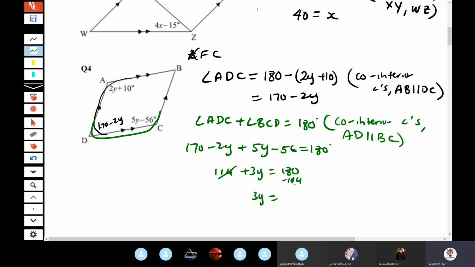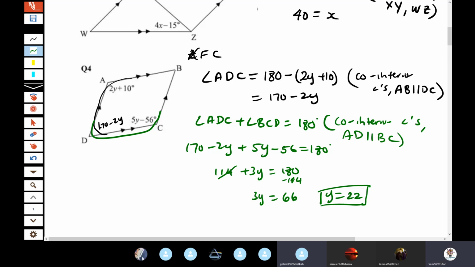So 3y gives you 66. And then, of course, y equals? Y equals 66. Oh, wait. Hold on. So 66 divided by minus 3, right? No, divided by 3. Just 3. Yeah, sorry about that. So y equals just 22. 22. And that's it. Interesting.